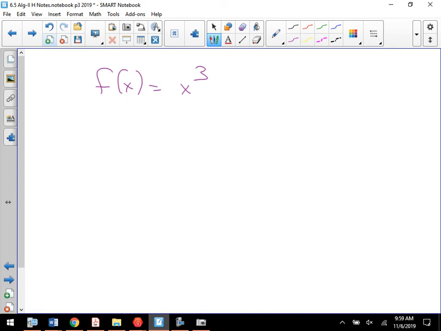Okay, what's your 0? It's 0 with multiplicity of 3, isn't it? If you look at the graph of that, it just goes right through it. That's all it does. Higher, it doesn't matter as long as it's odd, it just goes through, no matter what.